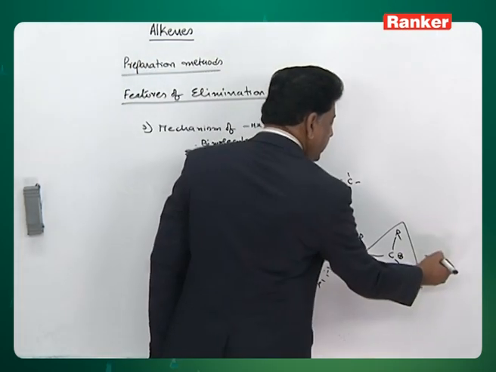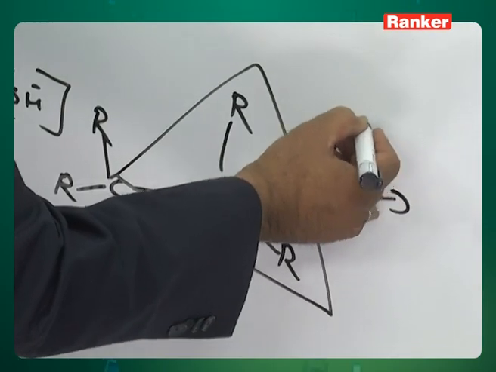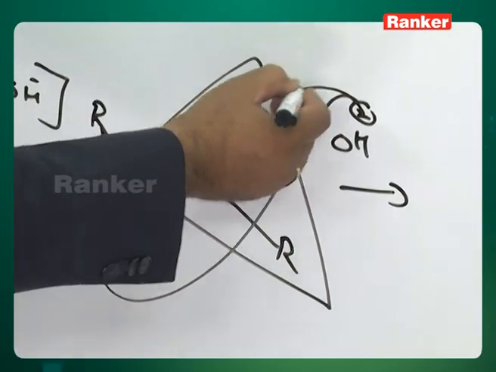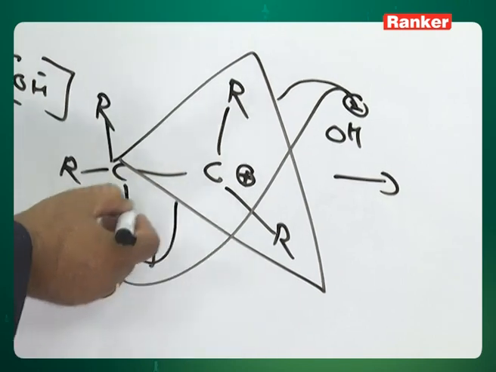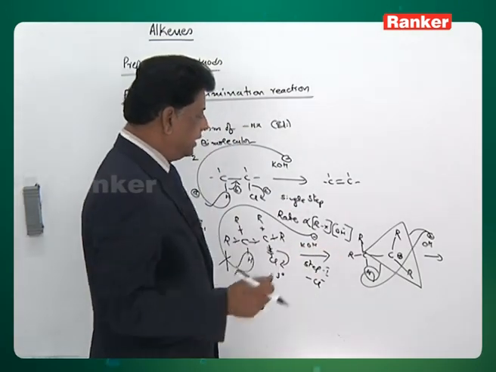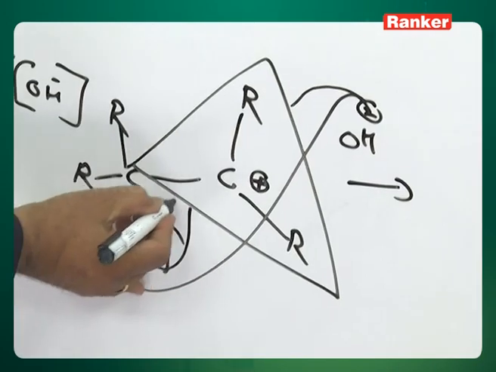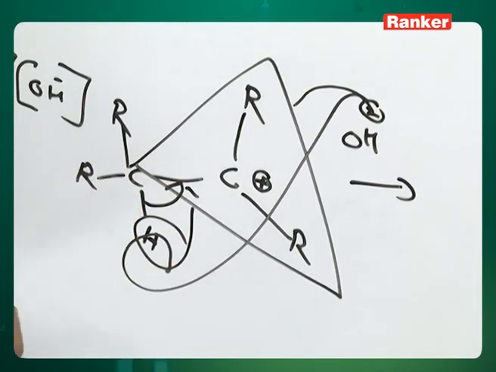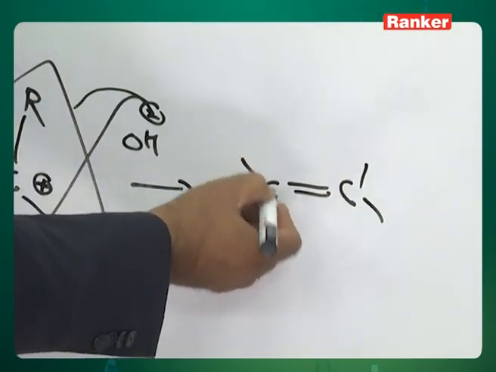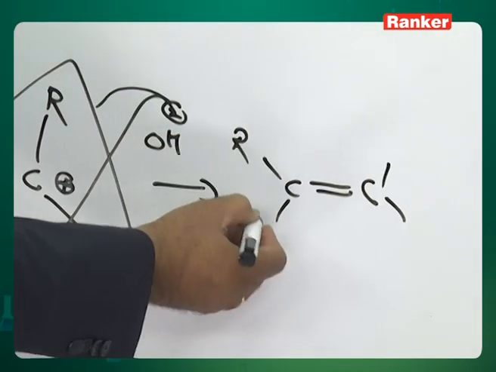But the OH can now come from the side of this carbocation and reach the proton, or from the back side of this trigonal planar carbon. Either way it can come and abstract the proton, and immediately the 2 electrons come and a double bond is formed. So the second step is a little better than the first one.